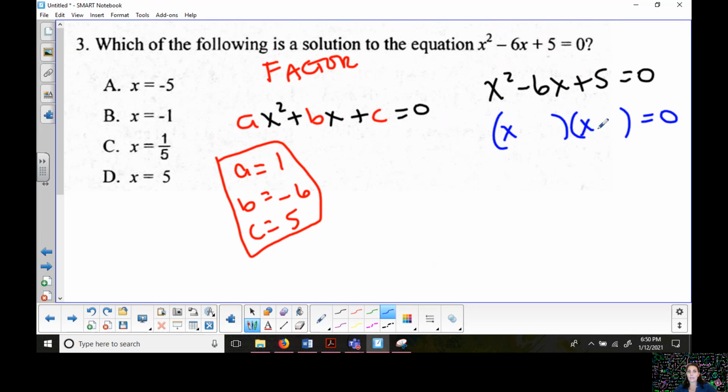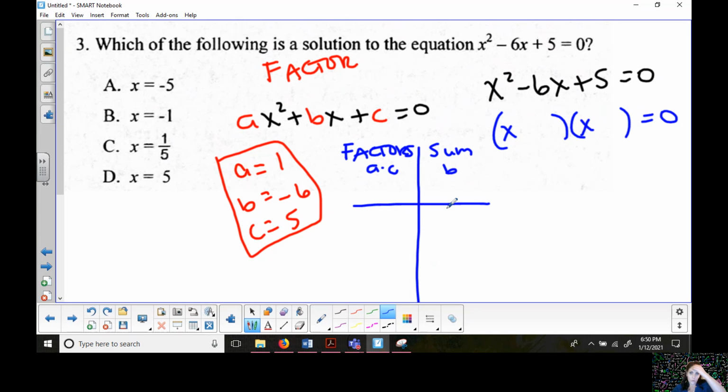Now that we have this set up, we are going to look for factors of a times c that give us the sum of b. Again, a is 1, so we're looking for factors of 1 times 5, which is just 5.